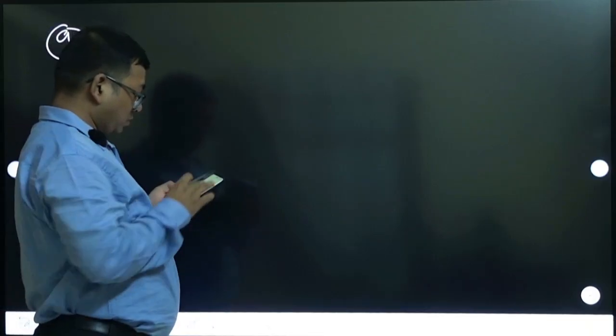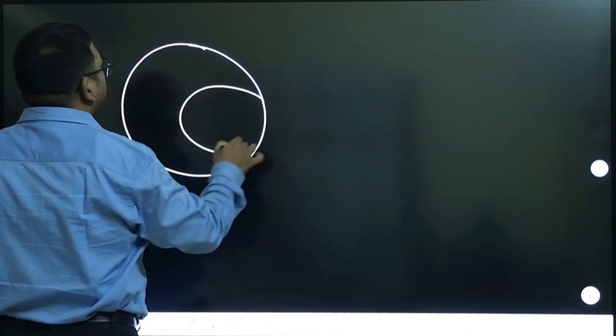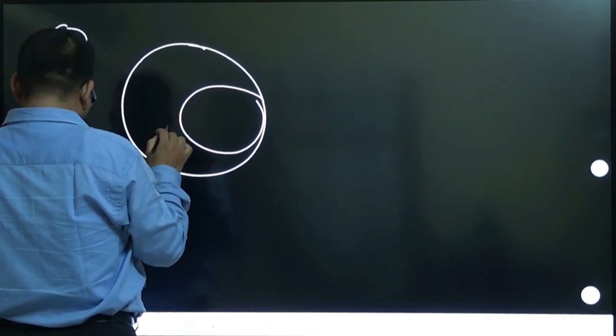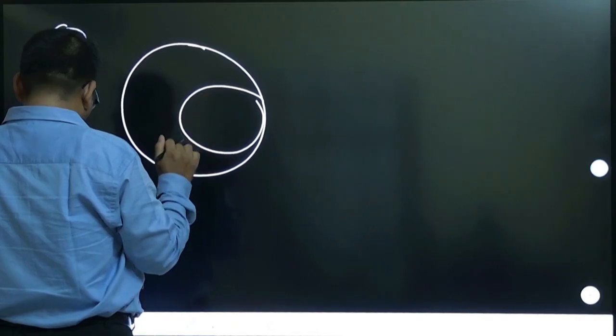Question number 9. Question number 9 is what? A uniform circular disc. These are standard types of questions, right? Like this. And what they say, from a disc of radius R and mass M, rotating about an axis in its plane.